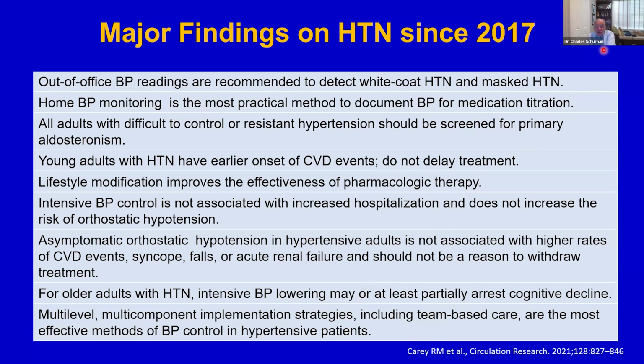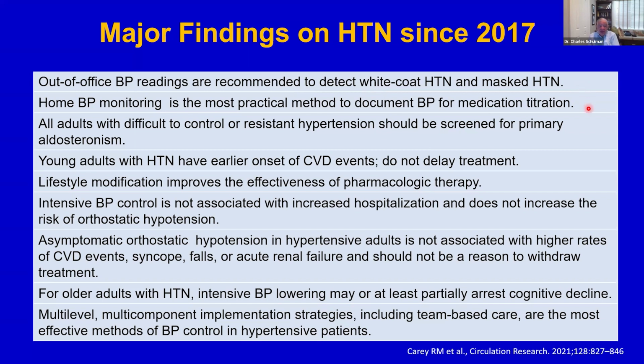Now, since 2017, a number of reports have produced major findings. Out of office blood pressure readings are recommended, both to detect white coat hypertension and mask hypertension. Mask hypertension is normal blood pressure in the office and high blood pressure out of the office.